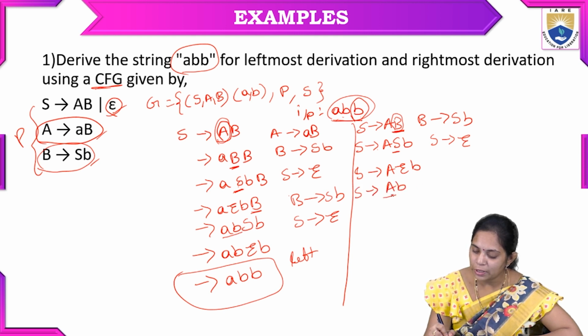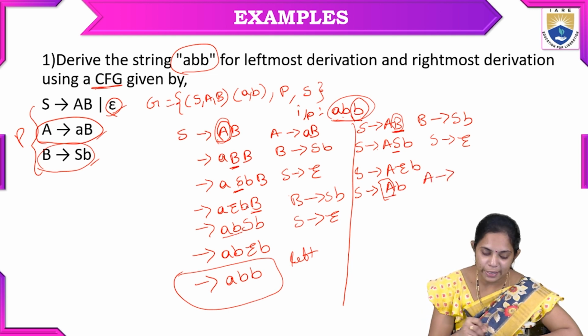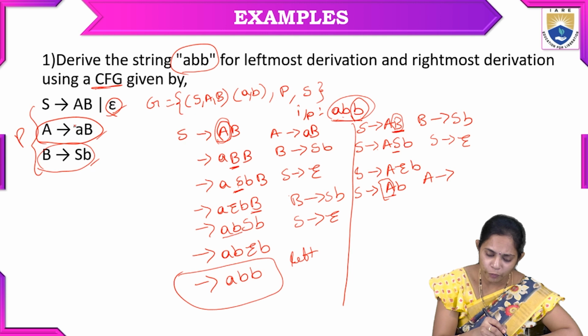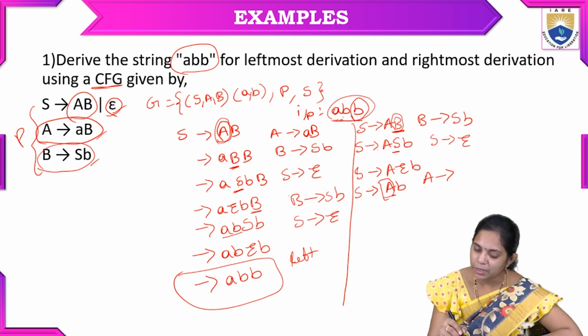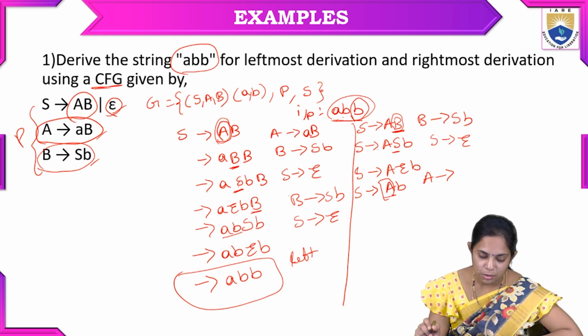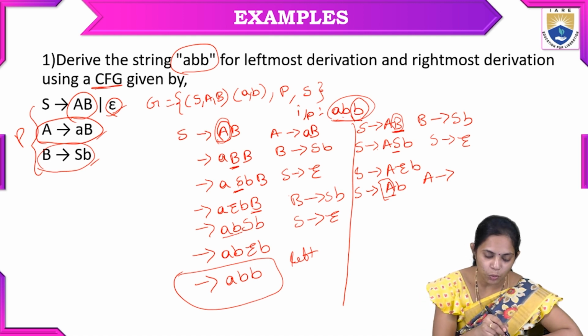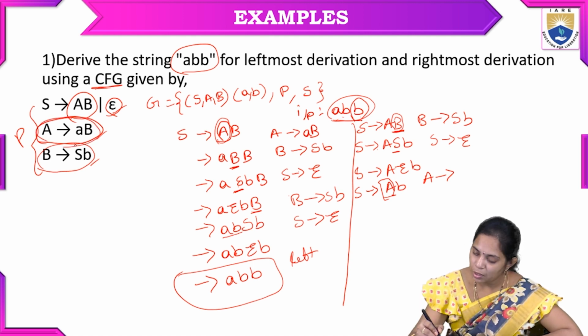And here the only non-terminal is A. So here we have to substitute A tends to, we require two terminals, that is AB. So A has only one production rule. What is that? A tends to AB.